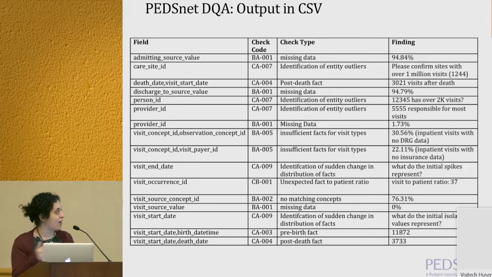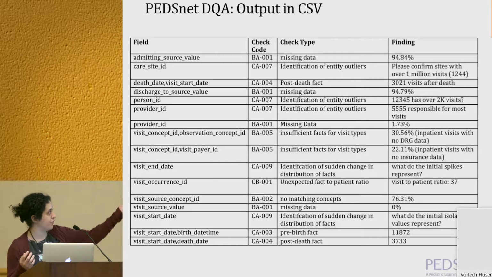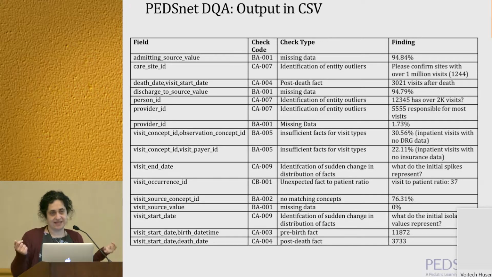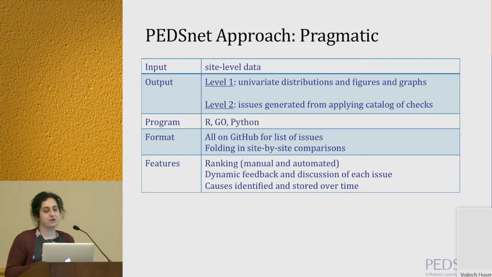And then this is the output when an issue is raised, when there's something to be looked at. We produce this kind of output in CSV and think through, is this real, is this not? We're constantly tweaking our thresholds, because, for example, 1.73 might not be a big deal for missing. The thresholds are probably one of the most important things in thinking about data quality. As I said, our approach is very pragmatic.